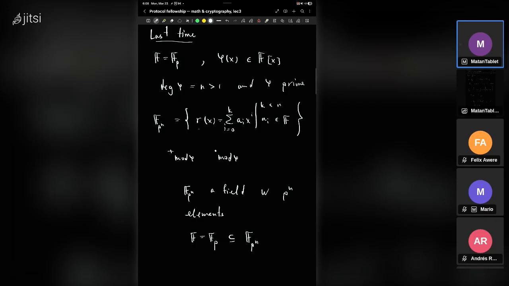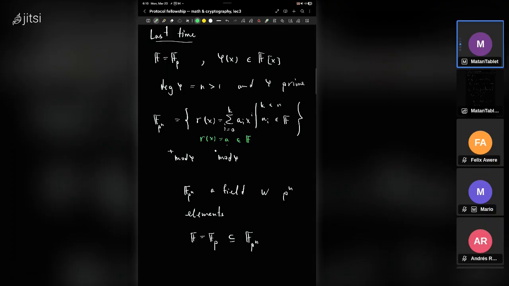How? Because this polynomial R, you can also pick it to be some constant polynomial A, where A is in the field. So all the elements in the field are, in fact, in F_p^n, and all the arithmetic that existed in F_p is extended to F_p^n.